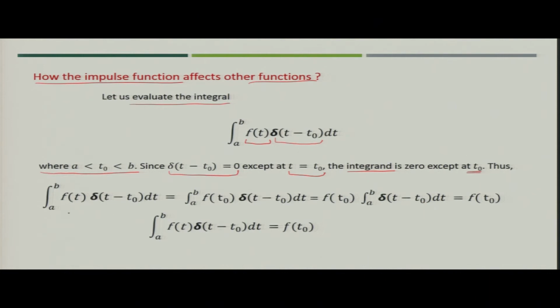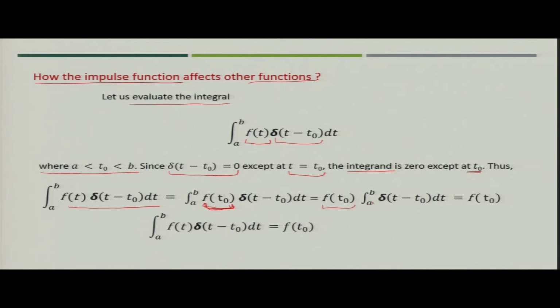Therefore, you can simplify this as the integral from a to b of f of t naught delta t minus t naught dt, because for other values it is 0. So, you are left with only this at time t equal to t naught. Now, at a particular value this function value will be constant, so you can take it out of the integral.